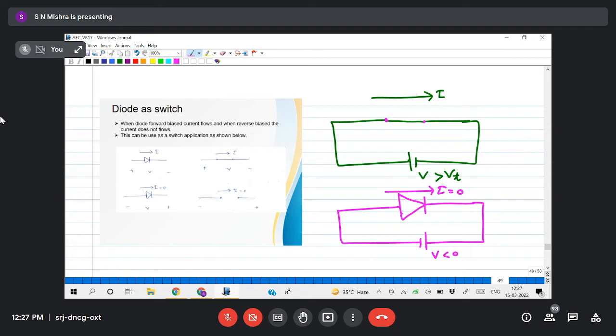So in place of the diode, we can use a short circuit condition. Short circuit means current will flow, and the potential difference between these 2 points is how much? Let us take this as point 1 and this as point 2. What is the potential difference between them?